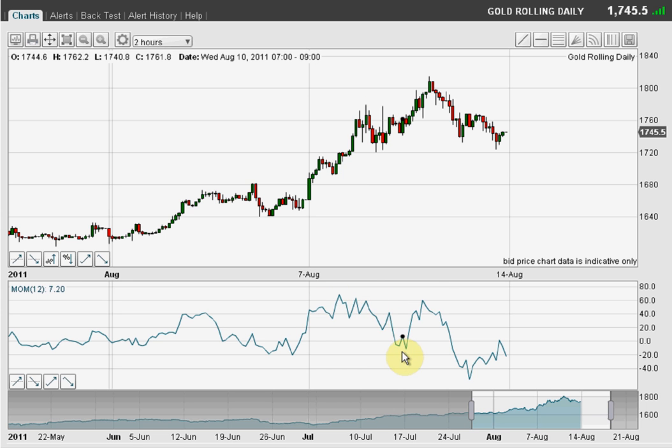We've got the wave 4 falling down here, and then the rally in wave 5 only takes the momentum to a point lower than wave 3, whereas the price made it higher. So we got a higher price but a lower momentum. That's a divergence, what we call a negative momentum divergence. That's a clue that the buying power is subsiding, and to look for a top.